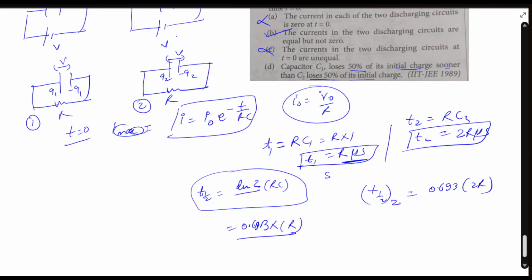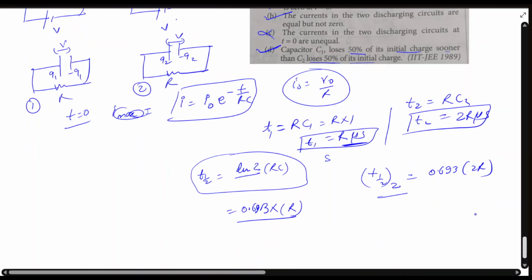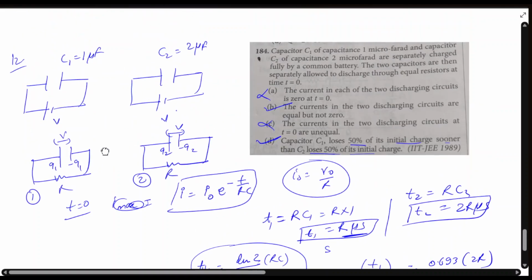So C2 is taking more time compared to C1. So C1 lost its charge earlier than C2. So D option is also correct. Quite an interesting question.